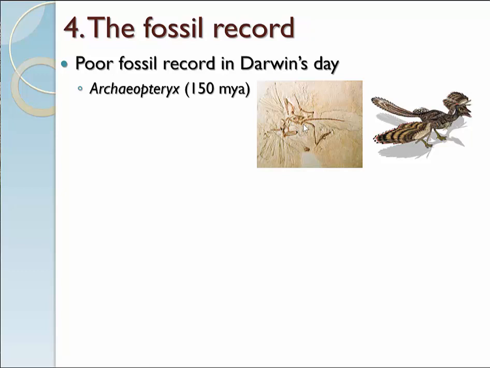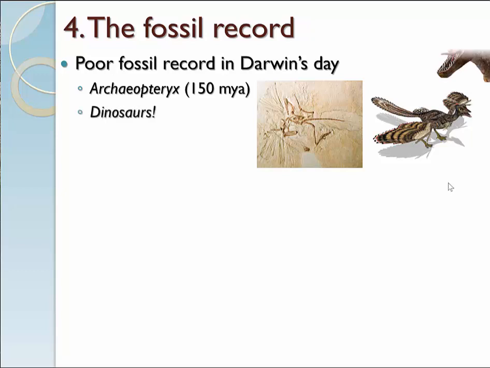It had characteristics of both reptiles and birds. It had a long bony tail like a reptile, it had teeth like a reptile, but a lot of the other parts of its structure were bird-like. And so this is considered a bird-like dinosaur. Not a missing link, but one that had characteristics of both.